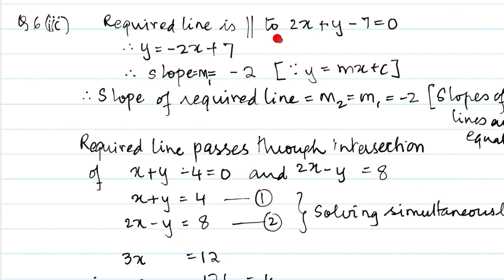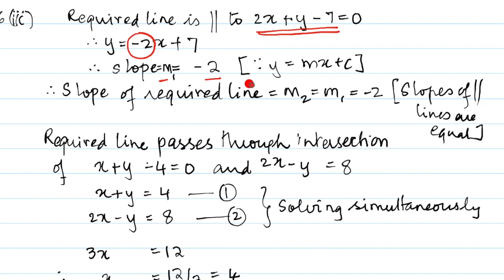So our required line is parallel to this. So we find the slope of this by converting this into y is equal to mx plus c. So that becomes the slope m1 of the line which is given. So the slope of the required line, which will be m2, will also be the same as this because they are parallel.